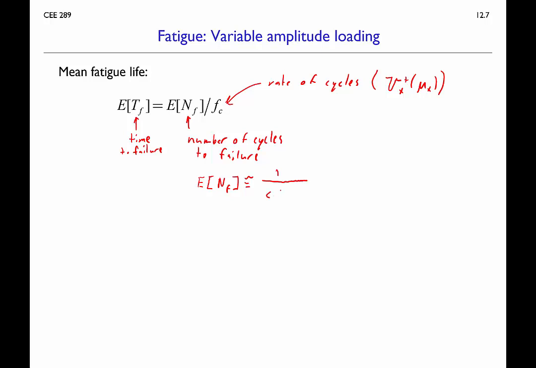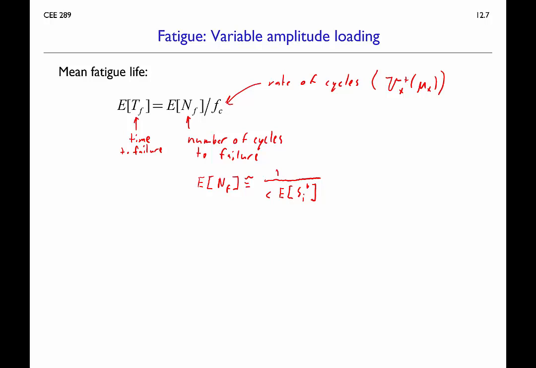So that could be C times the expected value of S_i to the B. That's approximately equal because we took 1 divided by the expected value rather than the expected value of 1 divided by this thing. That's just going to be easier to compute, but it's a reasonable approximation given the other assumptions we're going to make here.